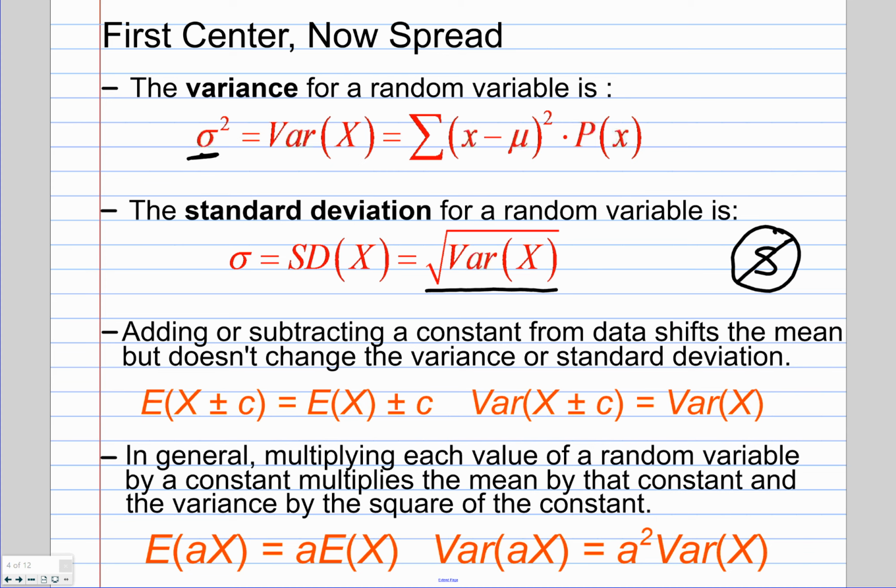Now let's think about the standard deviation. The standard deviation doesn't change. How do you change the standard deviation? Not adding, because adding didn't change it. By multiplying. So multiplying and dividing are going to change your measures of spread, in this case our variance and standard deviation. Adding and subtracting only affects the mean.